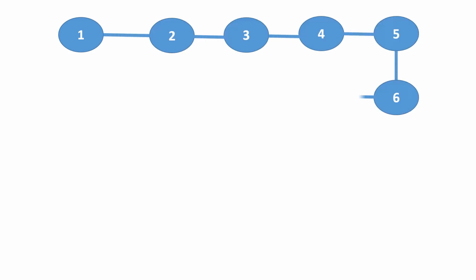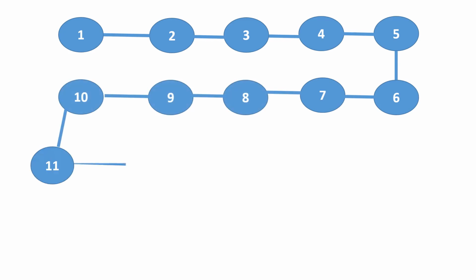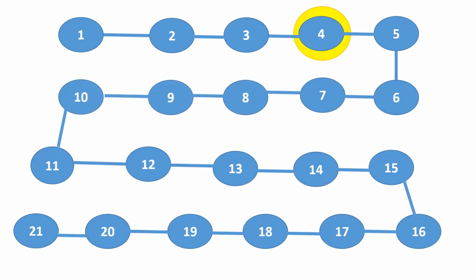Now, if you number each of these items from 1 all the way up to 200, and the first value is 4, then what is the second, what is the third, what is the fourth, and so forth?